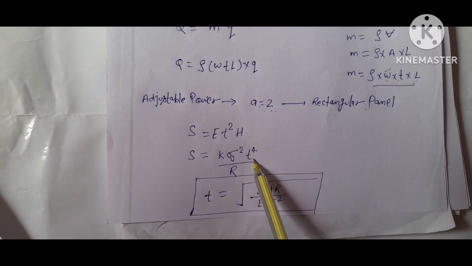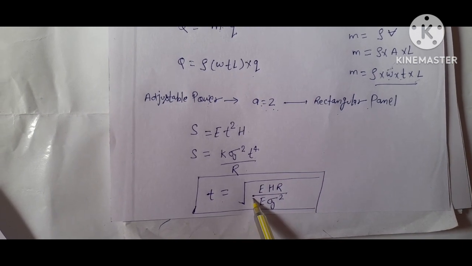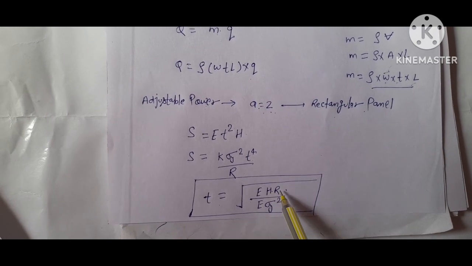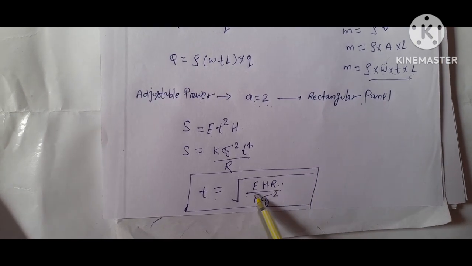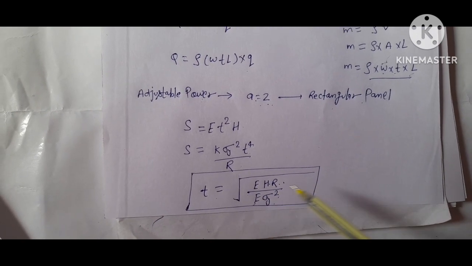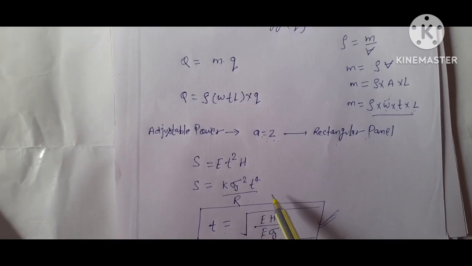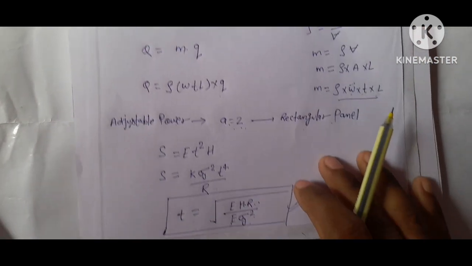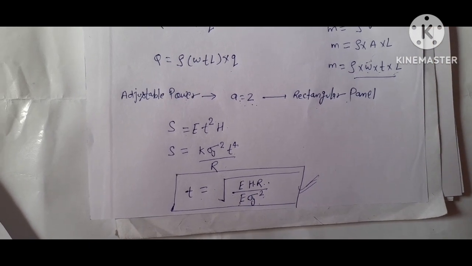After calculating T, we get the square root of H times the safety factor multiplied by dent resistance energy, divided by E sigma Y squared. This is the formula for considering low embodied energy in the form of thickness.